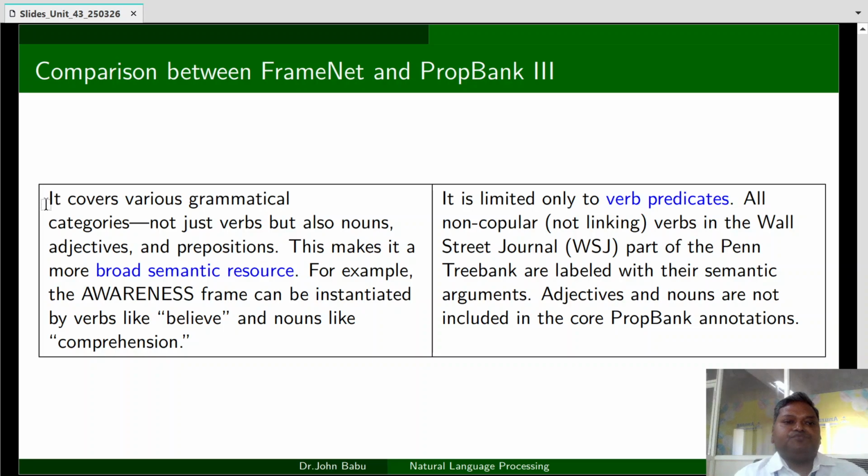FrameNet covers various grammatical categories, not just verbs but also nouns. If you remember, even nouns can instantiate a frame, as can adjectives and prepositions. So this is a broader sense. Whereas PropBank is limited only to verb predicates, and that too, not all verbs, but all the non-copular action verbs in the Wall Street Journal of the Treebank.